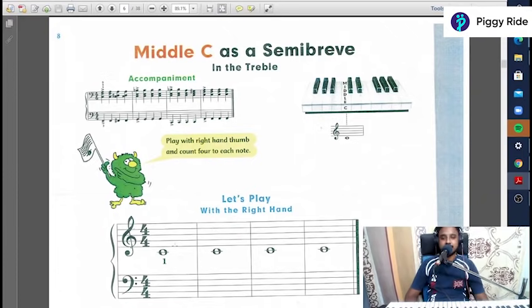If we check here, the C has 4 counts in the first bar. After 4 counts the second C also has 4 counts. The third C also has 4 counts, and the fourth C is also 4 counts. So all are semibreves. That means each and every bar has exactly 4 counts, and the bars are separated and divided with the help of bar lines.